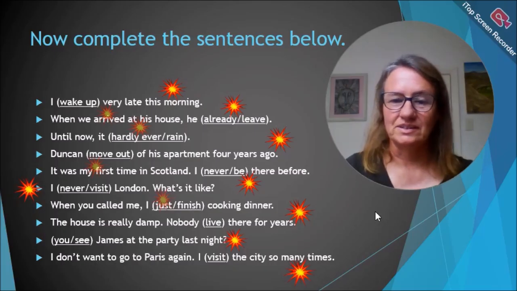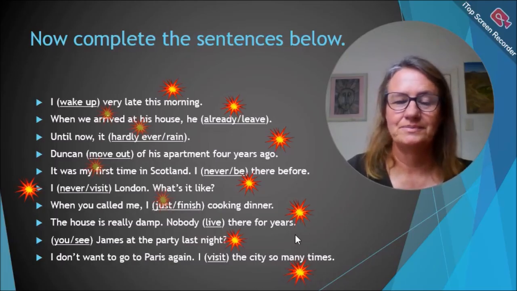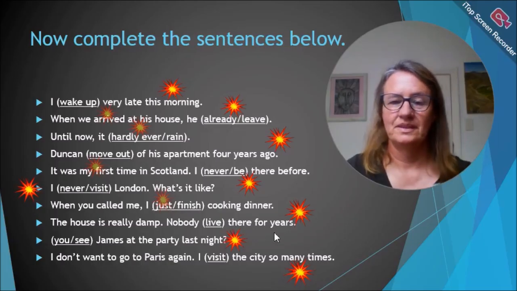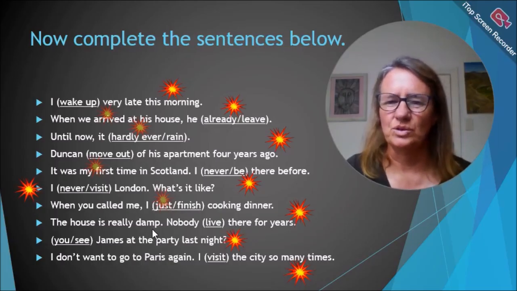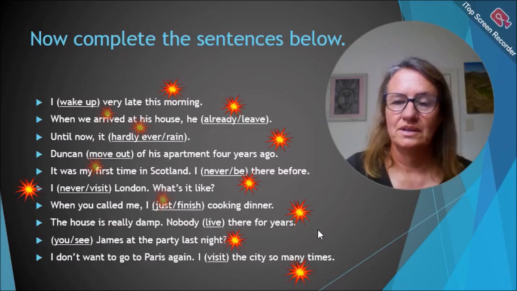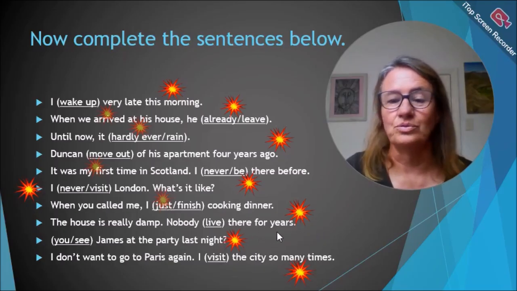Let's look at our next sentence. The house is really damp. Nobody lived there for years. Damp means very wet. The house is really damp. Nobody lived there for years. So our signal here, for years.